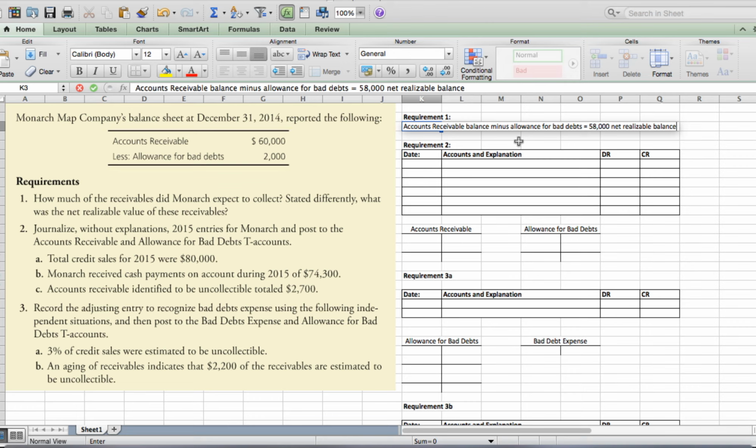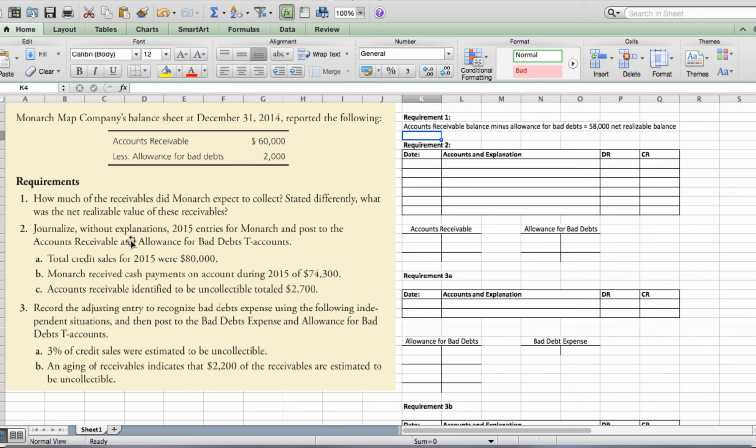Okay, so obviously it's not hard to do 60 minus $2,000. We're not testing your math skills here. This is just asking basically, do you understand if that's on a balance sheet what that means? Okay. So that should be easy points for you on the quiz if you're asked that.